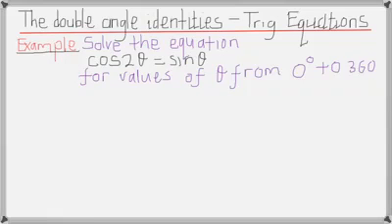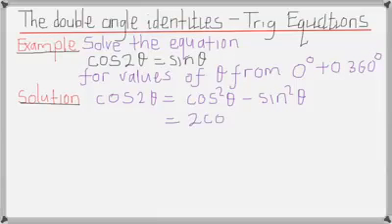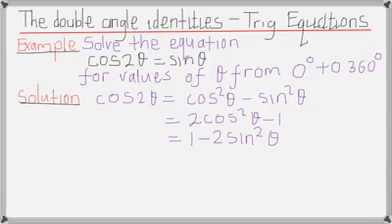Now, when solving such an equation involving a double angle identity, you have to first of all consider all the possible ways in which the double angle form can be written. In this case, the double angle identities for cos 2 theta are given as cos squared theta minus sine squared theta, and the other one is 2 cos squared theta minus 1, and the other one is 1 minus 2 sine squared theta.